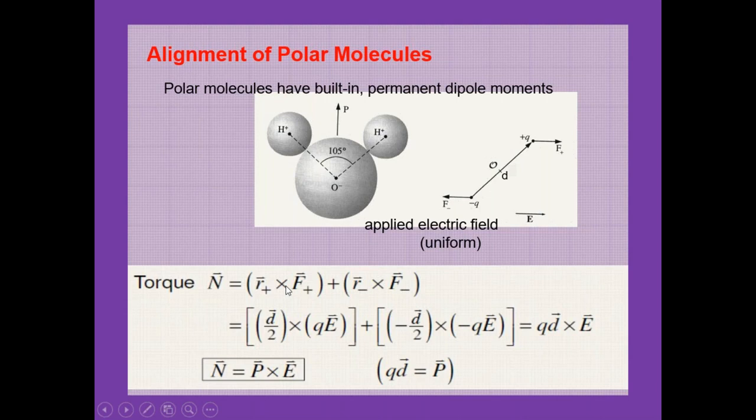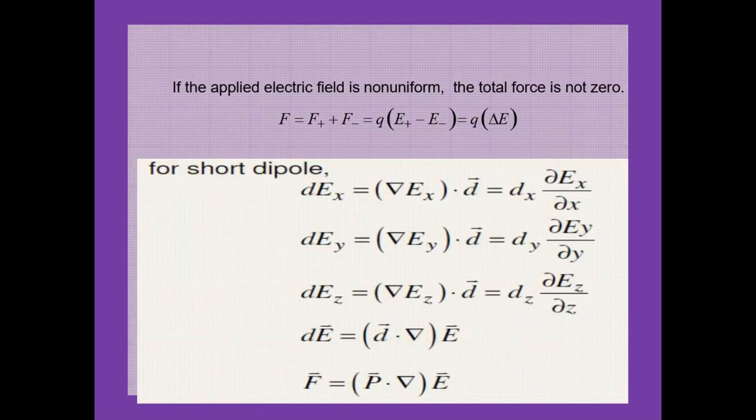If the applied field is non-uniform, then the total force is not zero. They will have the force on the positive and negative charges differ, so for a short dipole we can use F equals (p dot nabla) E, where E is the electric field.